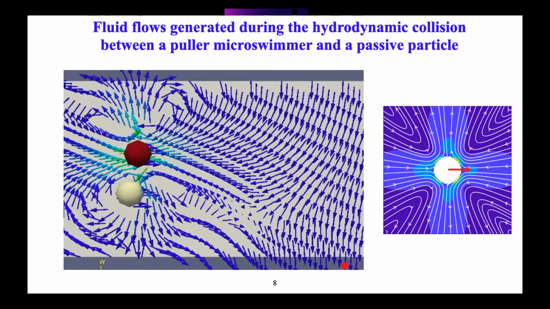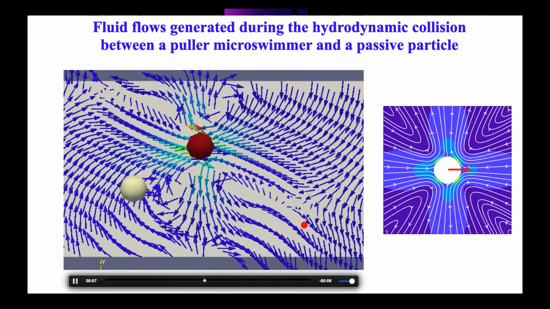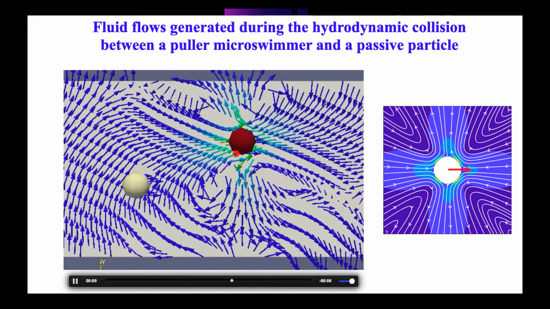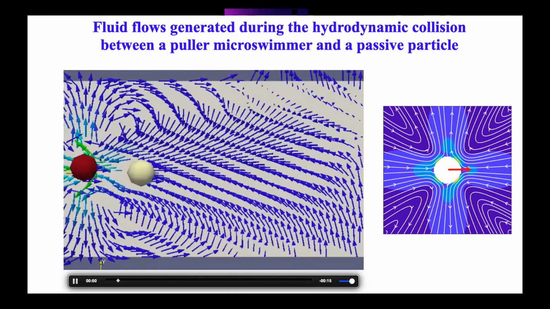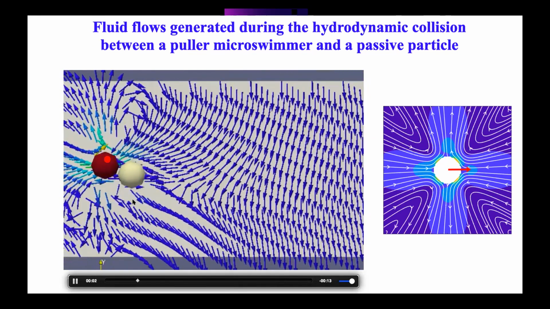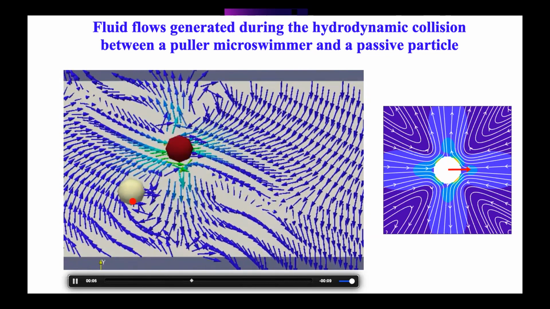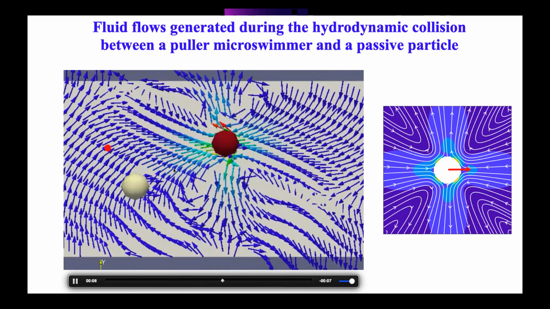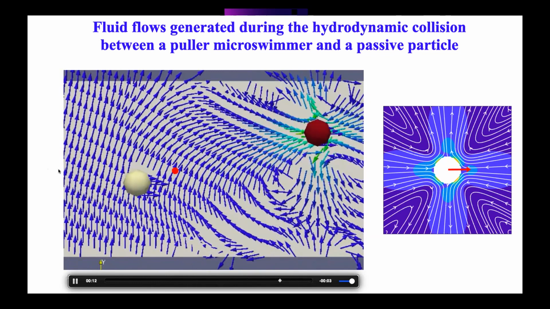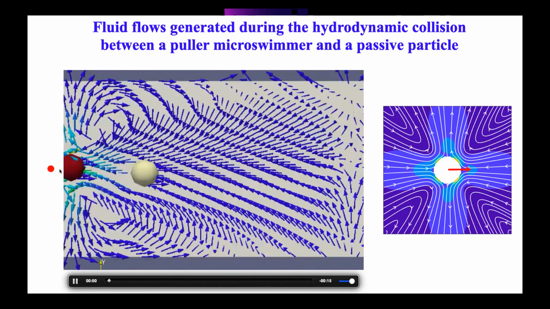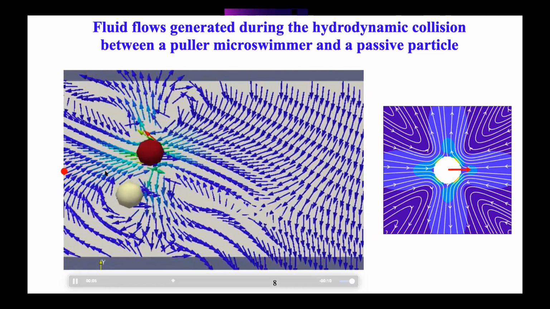So now what we are seeing here is the flow field that a puller microswimmer generates when it is hydrodynamically colliding with this passive particle. Here, this red circle is the microswimmer and the white circle represents the passive particle. The colored arrows represent the flow field that it generates during motion. Here we are seeing that this puller microswimmer enters from the left side of the domain, and the passive particle is attracted towards the microswimmer.